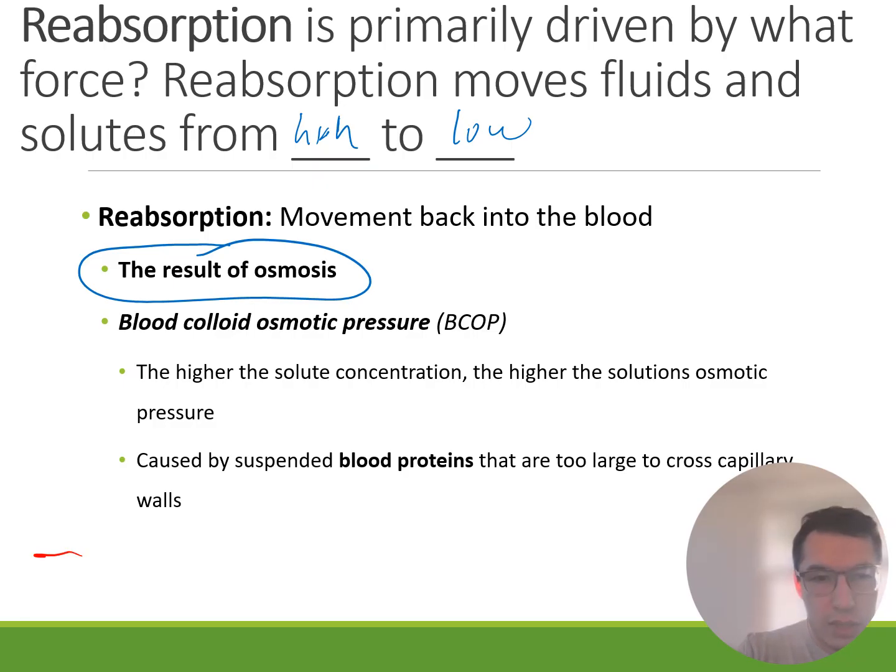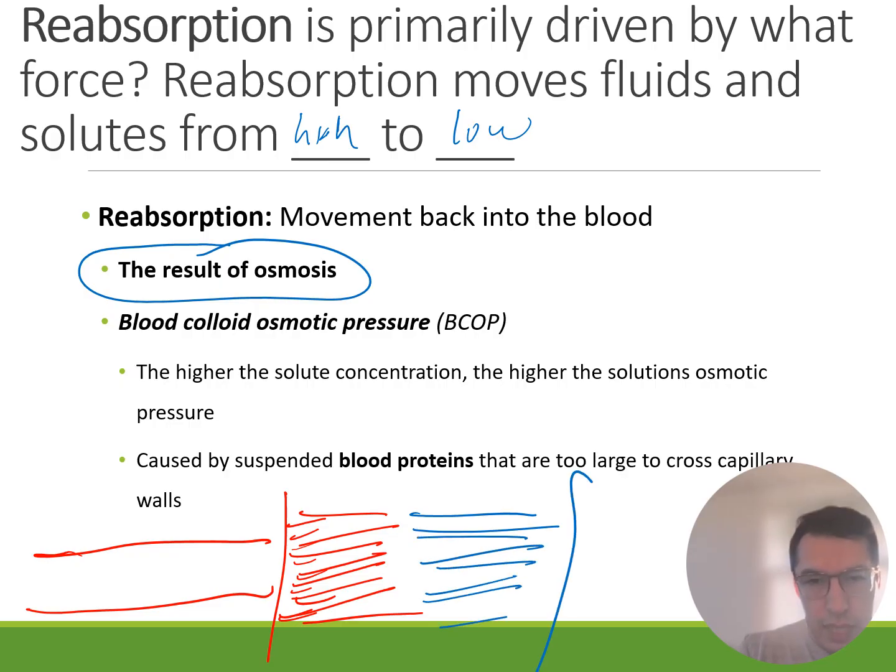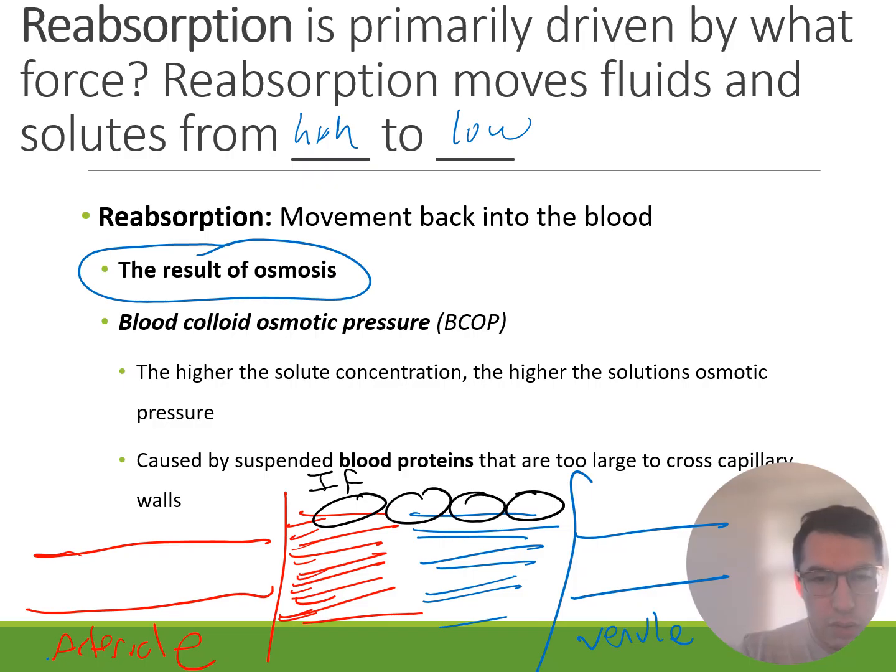So we have our arteriole feeding all these, the capillary bed, and we're going to say that this is when they become, and this is a venule now. So we have a venule, we have an arteriole, we have the interstitial fluid, and we're going to paint a couple of actual cells throughout.